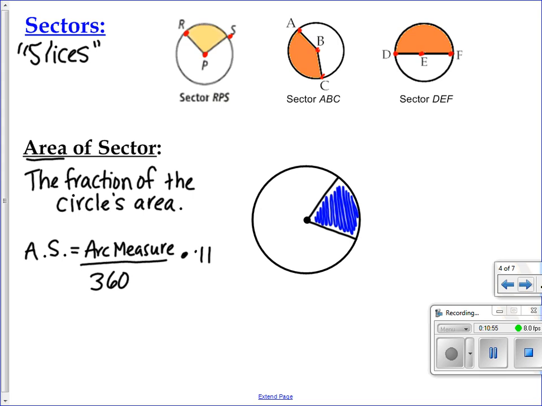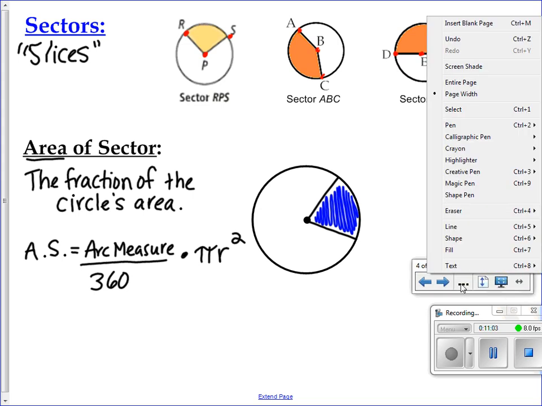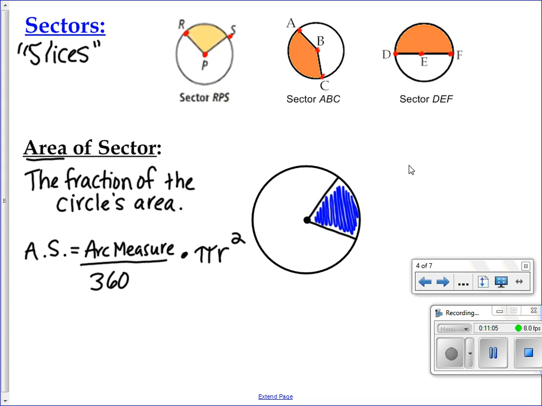So the area is pi radius squared. That's how you find the area of a circle. If you have a highlighter, highlight that, because this is what we're going to use for the rest of today's lesson. So let's go ahead and do some examples just using this formula.